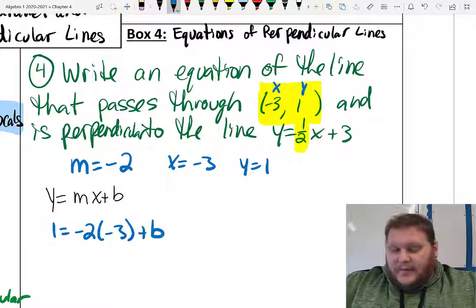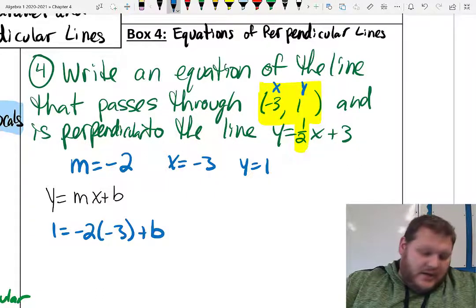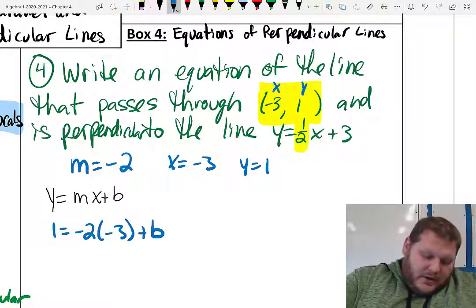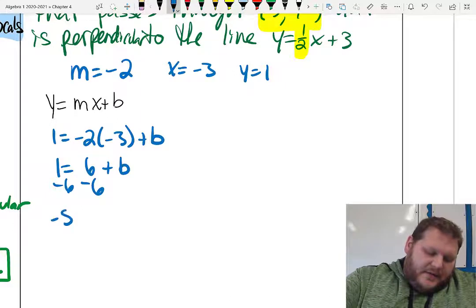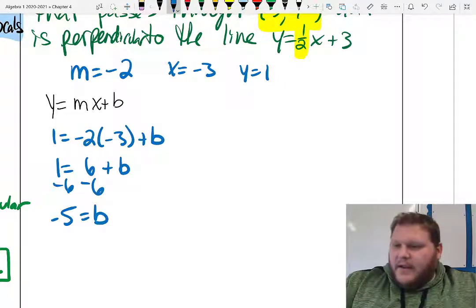So my y was positive 1, my m is -2, my x is -3, and my b is what I'm trying to solve for. So 1 equals 6 plus b. When I subtract 6 on both sides, I get -5 for my b value.